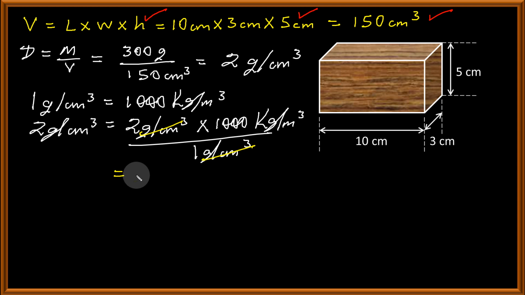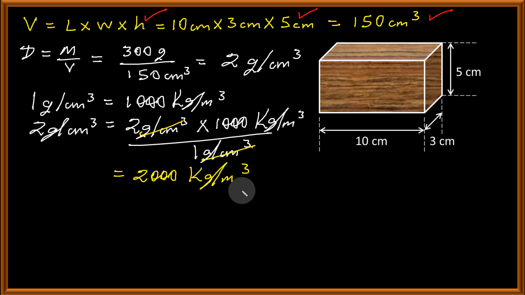And your answer is 2 times 1000, you get 2000 kilograms per meters cubed. So again, for recalling this expression here, I'll give you 1 mark. For this manipulation of figures here, I'll give you another 1 mark. And finally, I'll give 1 mark here.